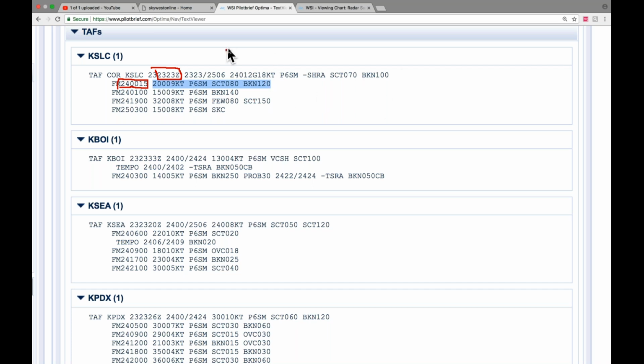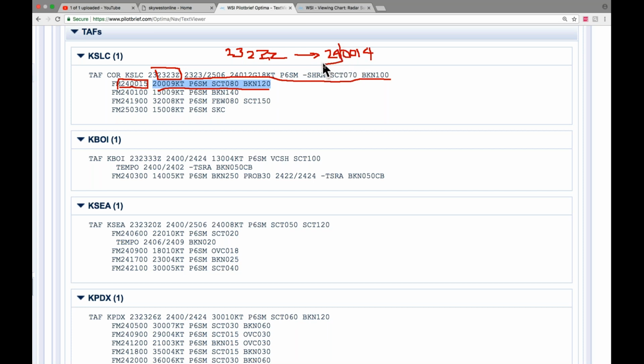So that means that that first line, all this right here, is valid from 23 Zulu until the 24th at 0014. Because once it hits 15, then this is the valid line right here.